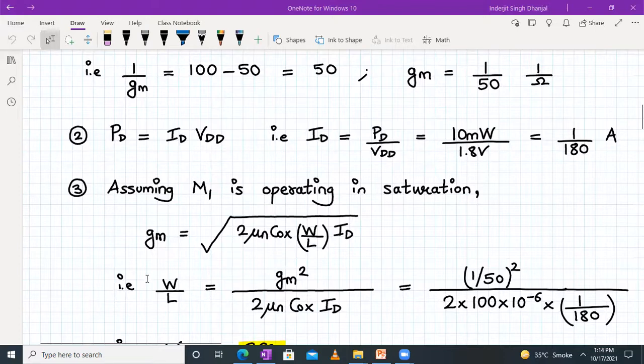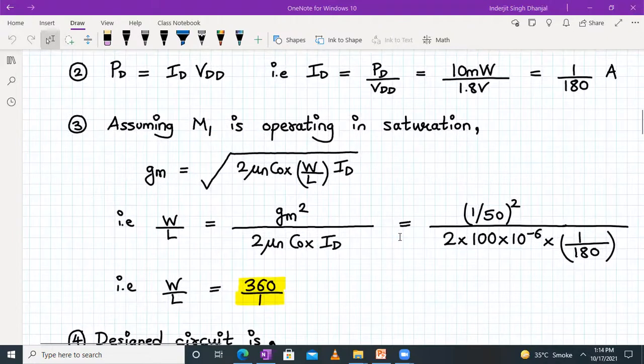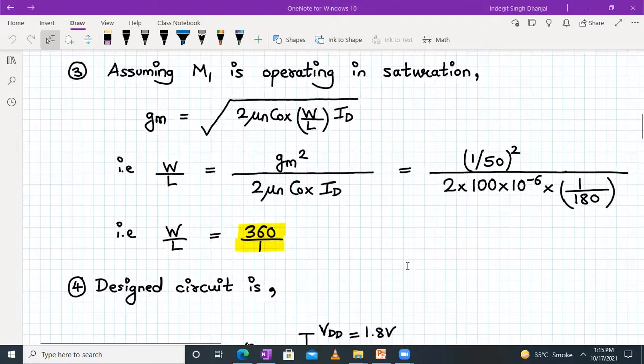We just have to find W by L. Taking the square on both sides, W by L equals gm square divided by twice mu n Cox into ID. So gm square is 1 upon 50 square, and twice into 100 micro into ID, which is 1 upon 180. If you plug in all the values in the calculator, you will get the W by L ratio as 360 by 1.